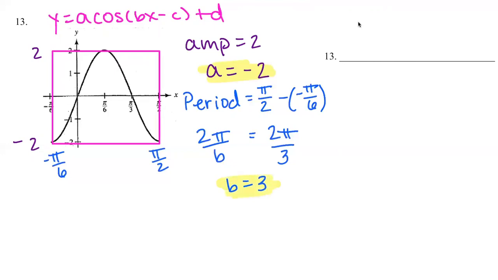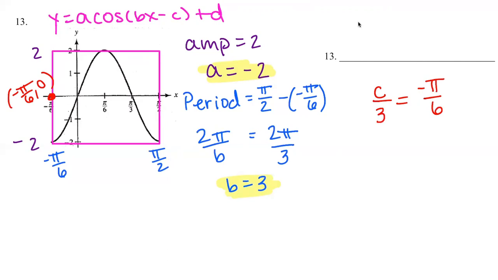Now, our starting point is at negative pi over 6, comma 0. Well, we know that d is 0. That gives us that right away. But our x-coordinate, we calculate by taking c over b. So c over b is our negative pi over 6. Well, if b is 3, we can substitute that in.